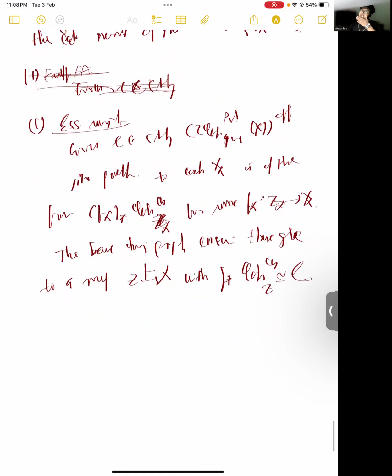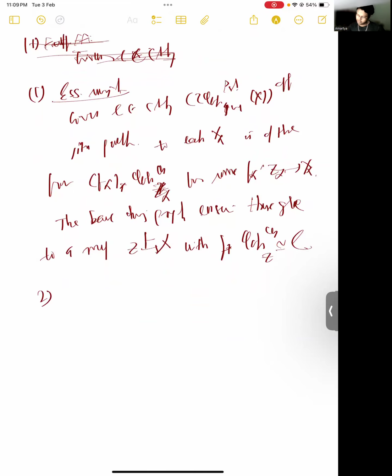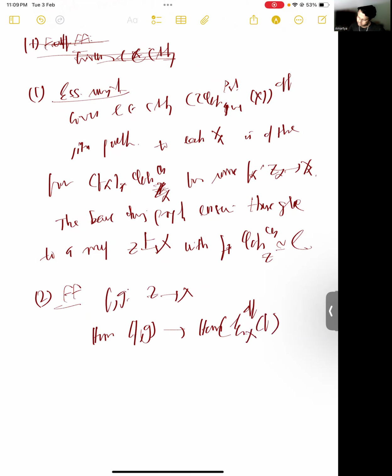Right? And for fully faithfulness, take f and g both from Z to X, then this map from Hom(f, g) to Hom(psi f, psi g).